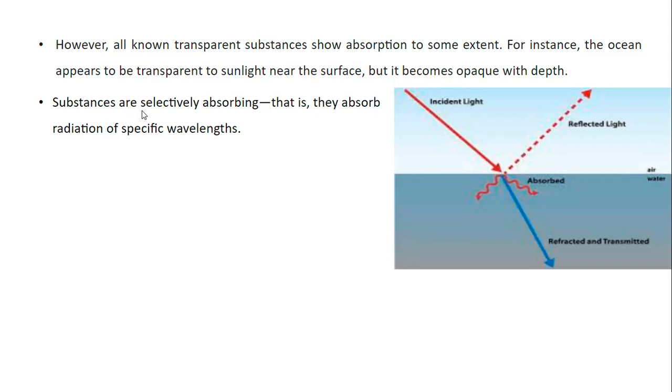Next, substances are selectively absorbing. All the substances, all the matter, all the things which are present in your surroundings are selectively absorbing. That is, they absorb radiation of a specific wavelength.